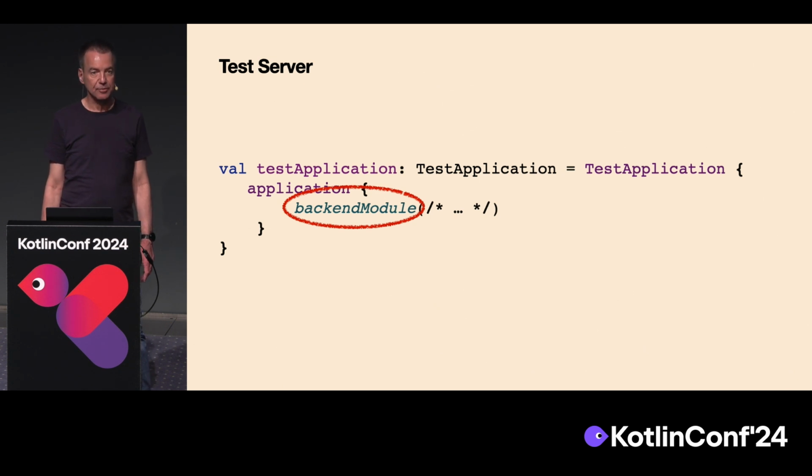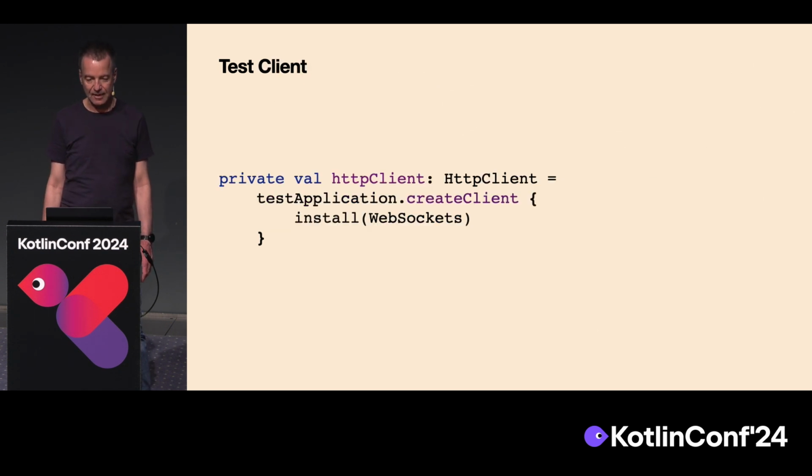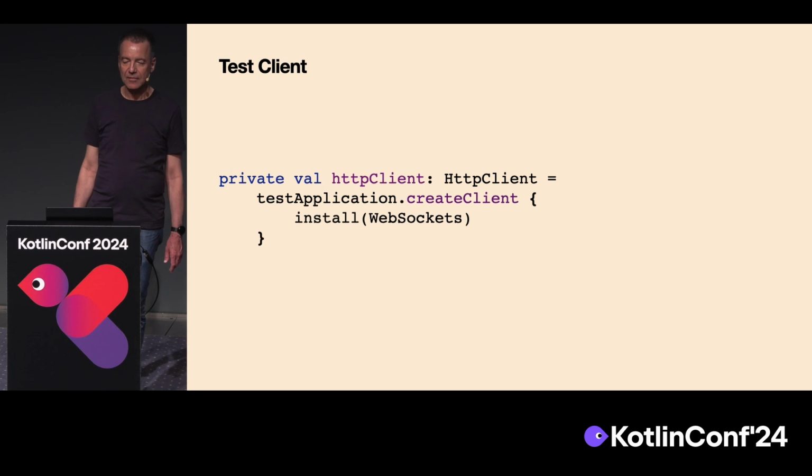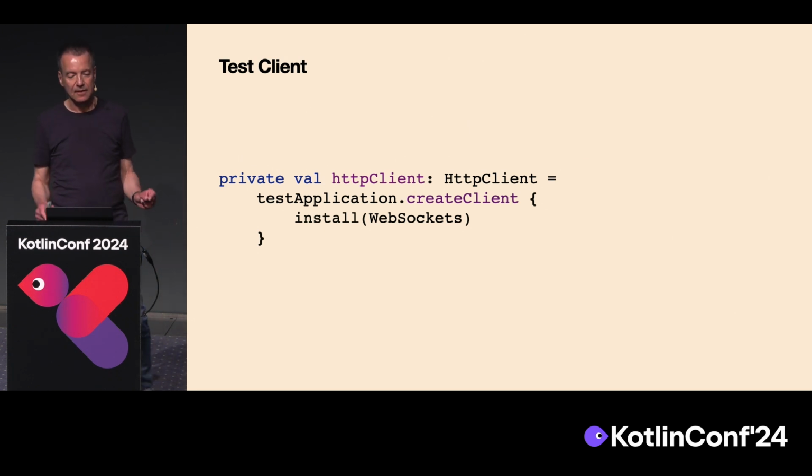And we're using the production backend module. The test client can be connected via this test application we just had. And then it can use the same function to launch its WebSocket sessions. Again, no network configuration necessary and almost no code changing.